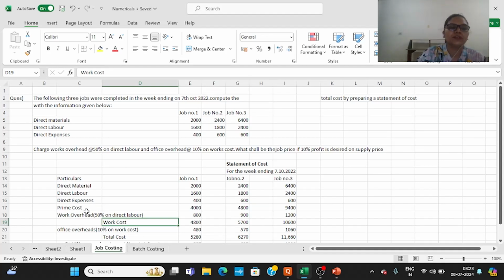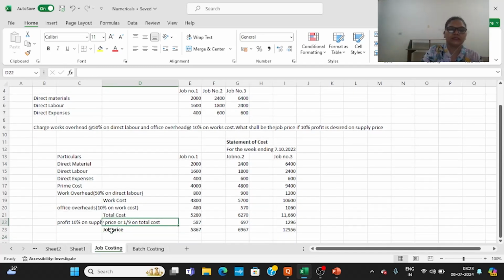So 50% work overhead will give you 800, 900 and 1200. Then we will get work cost 4800, 5700, 10,600.